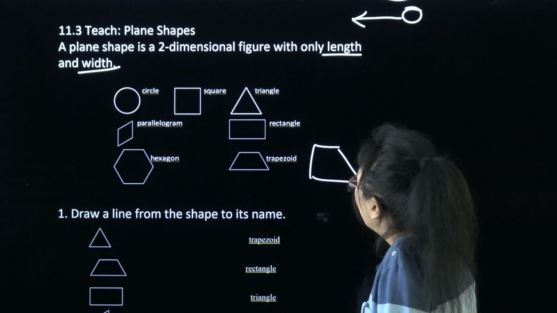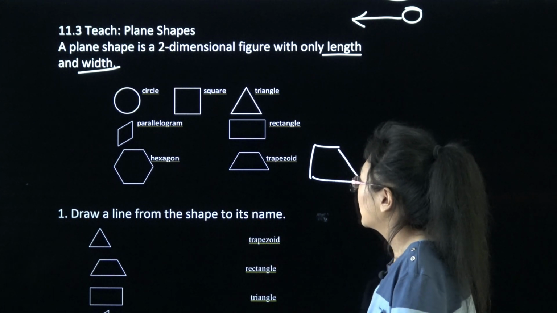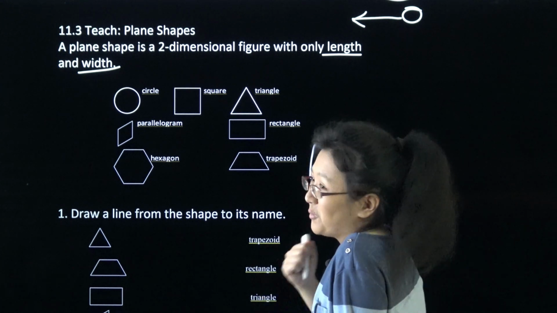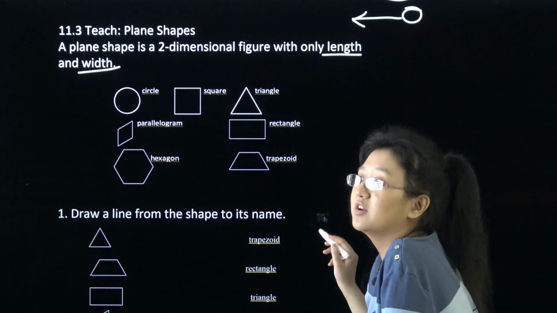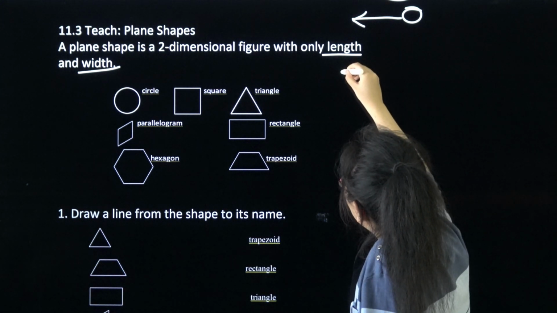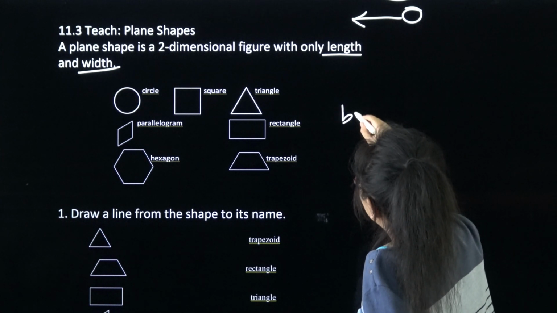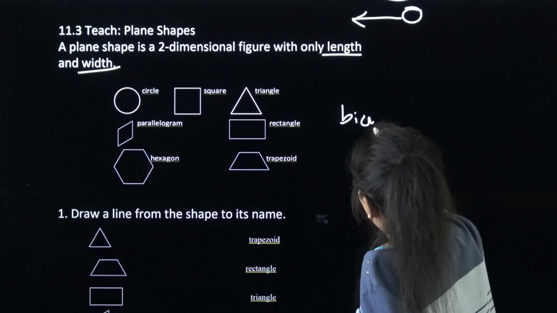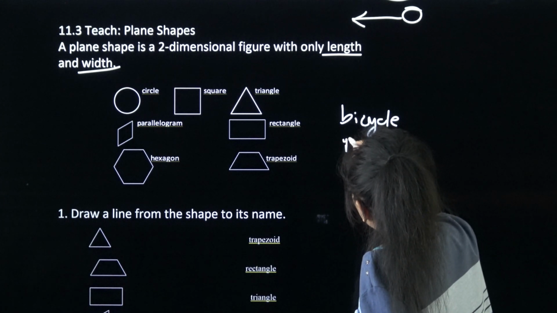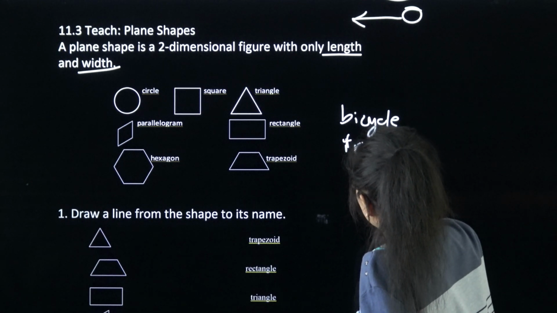Now, you might be wondering, why is a triangle called a triangle? And why is a hexagon called a hexagon? Well, that's what I'm going to explain to you right now. Many teachers might not explain this to you, but I like doing it. So, I'm sure we've all ridden a bicycle or a tricycle, right? Now, what's the difference between the two?